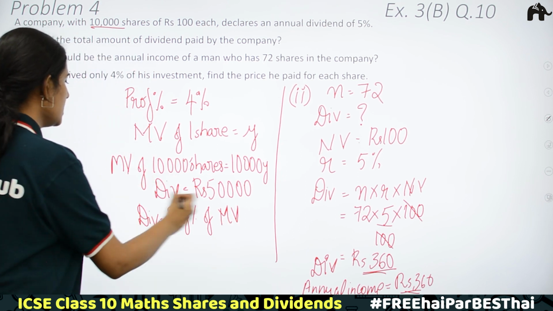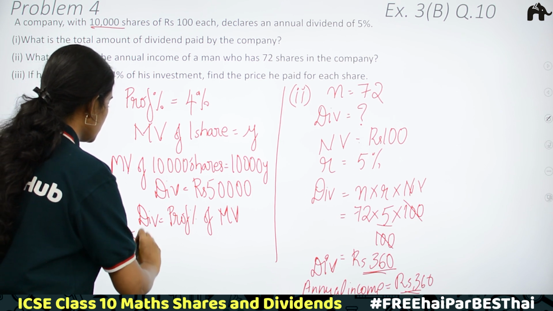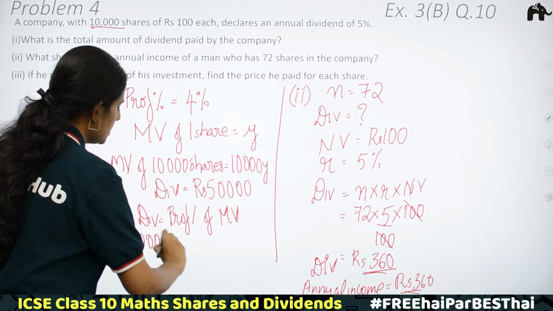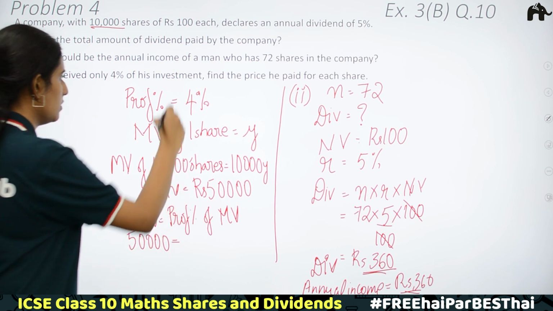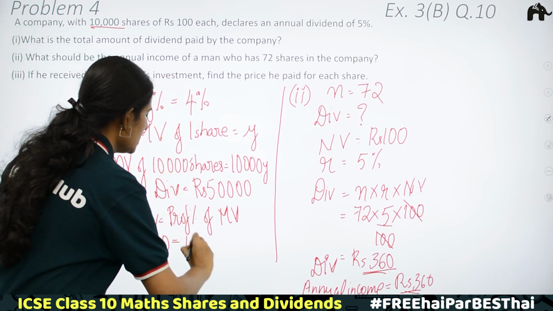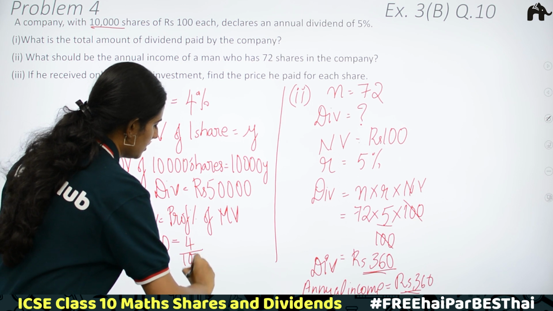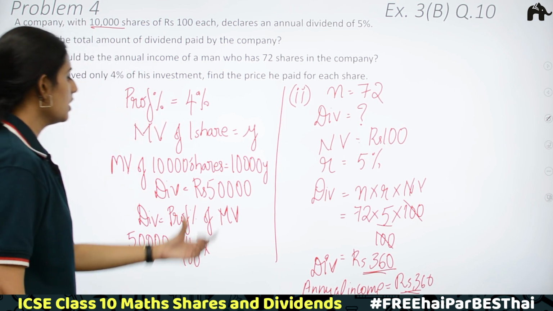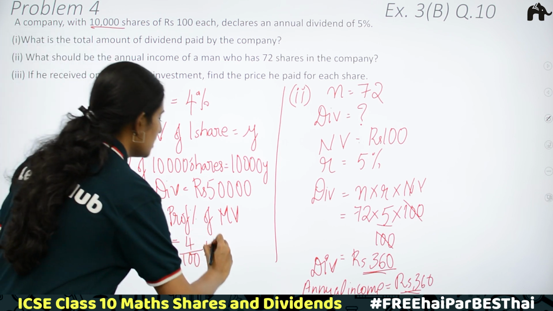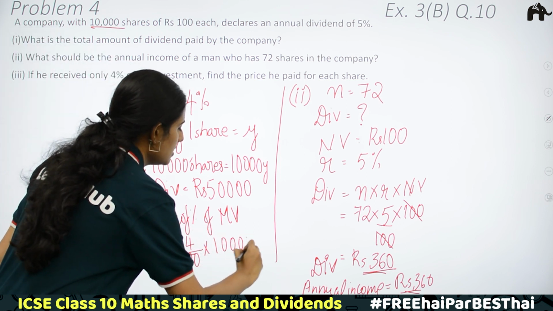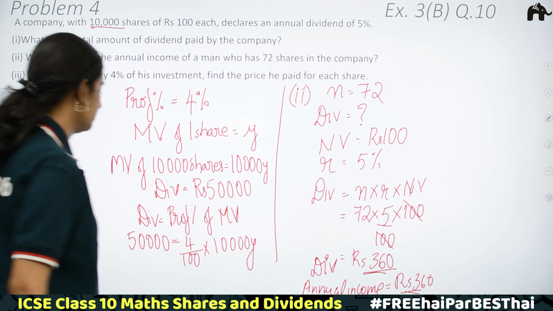Just substitute the values. 50,000 is equal to profit percentage 4%, that is 4 by 100, into the market value of 10,000 shares, that is 10,000 Y.